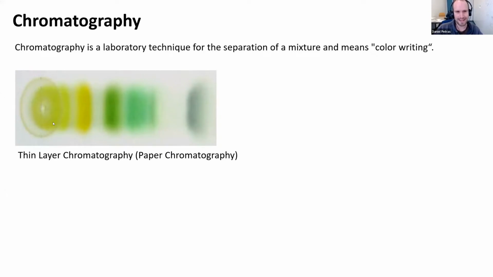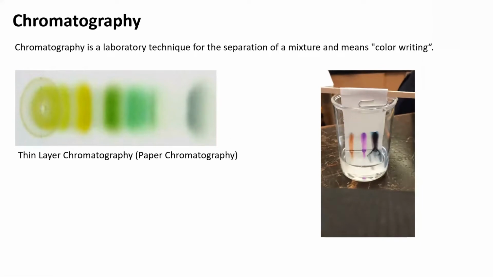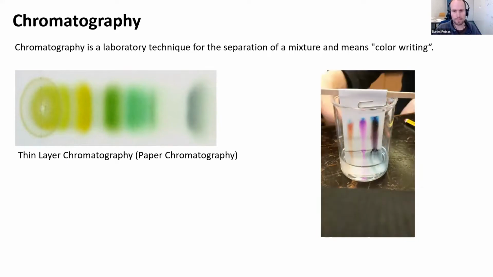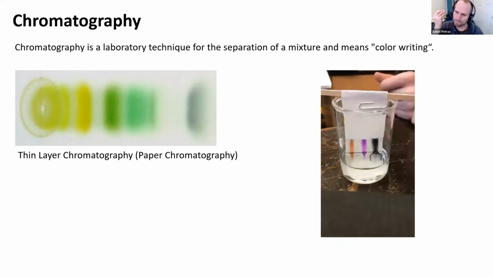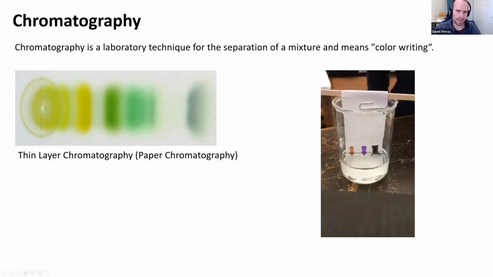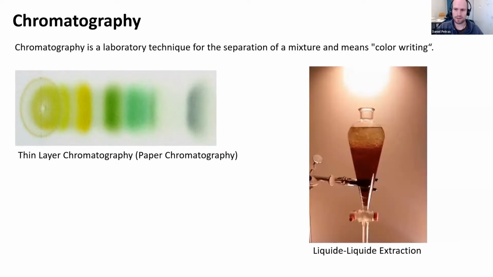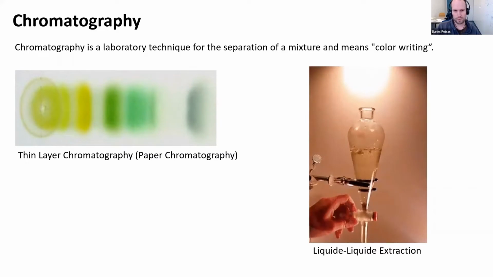And in a sense, this happens over time, obviously, as the paper sucks in the liquid, right? And now you have basically an interaction between the different pigments and the mobile phase, so the solvent that gets sucked up from the bottom, and the stationary phase, which in this case is the paper. And from a chemical or physical chemistry perspective, this is kind of like an extraction, what's going on there, right?